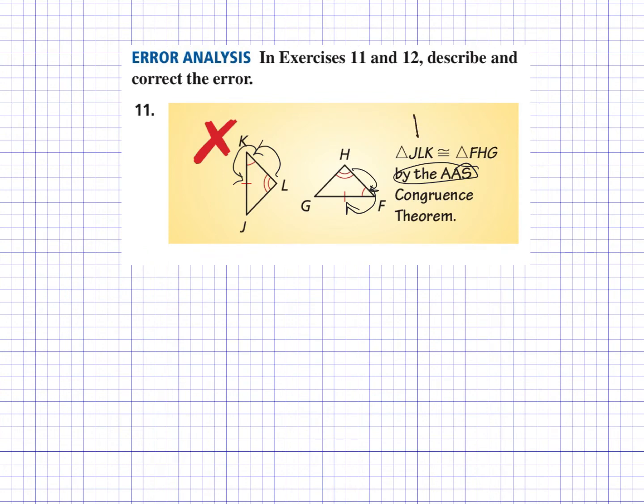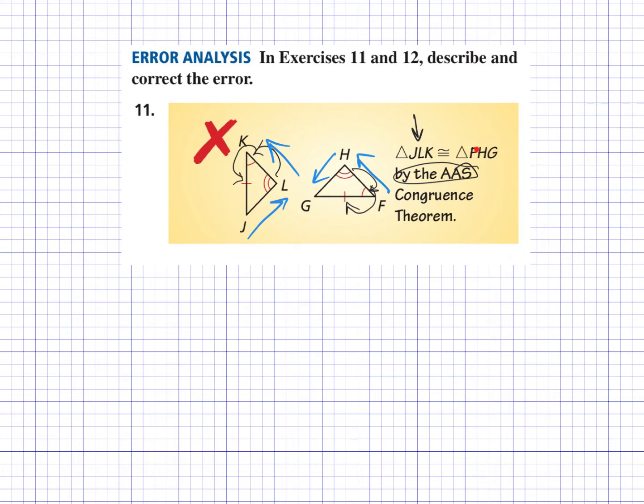So J, L, K. So we go J to L to K. So let's draw that. So J to L, then to K. All right. And now we're going to do F, H, G. So F to H to G. Notice J doesn't have an angle, and we're starting there. F, we're starting at the single angle. So we're starting at different places. So that's what they did wrong.